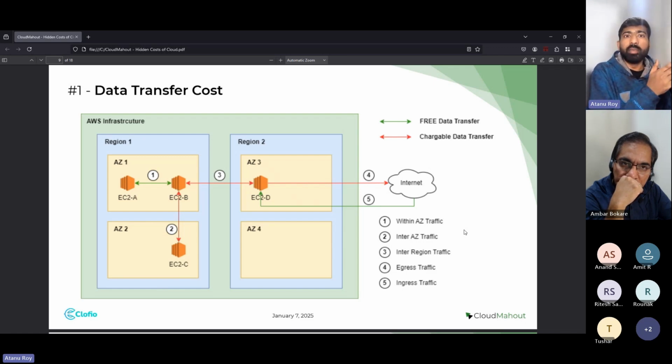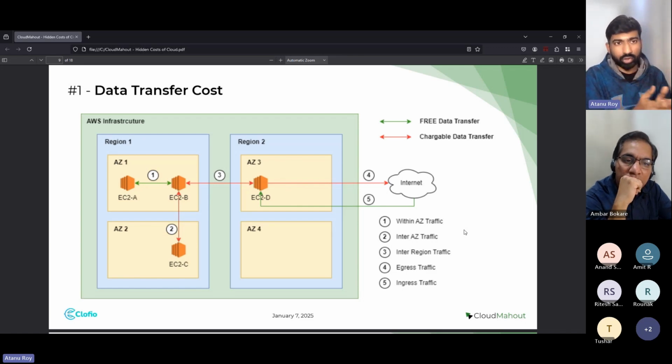Within that, there are multiple regions. So Mumbai is a region, Hyderabad is a region, Virginia is a region, Oregon is a region. These are the different regions AWS provides. And within those regions, you will typically find 3 to 4 availability zones. Typically a single availability zone is a data center. For example, within Mumbai, there are multiple data centers of AWS. These are physical data centers where you can imagine a building, and within that, there are multiple server racks.